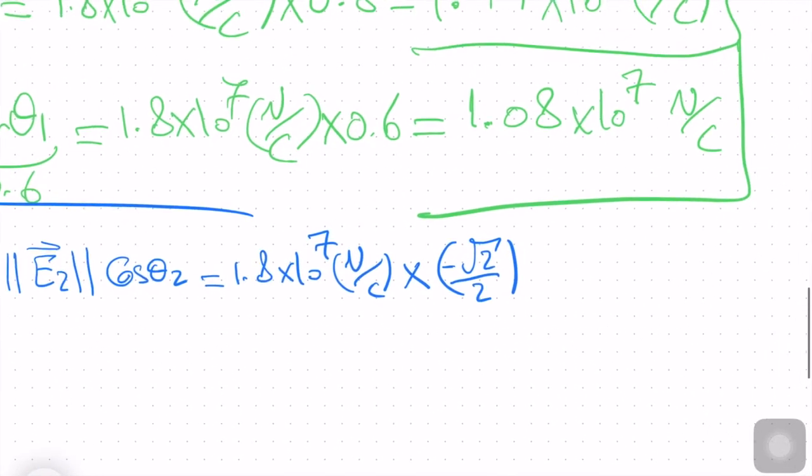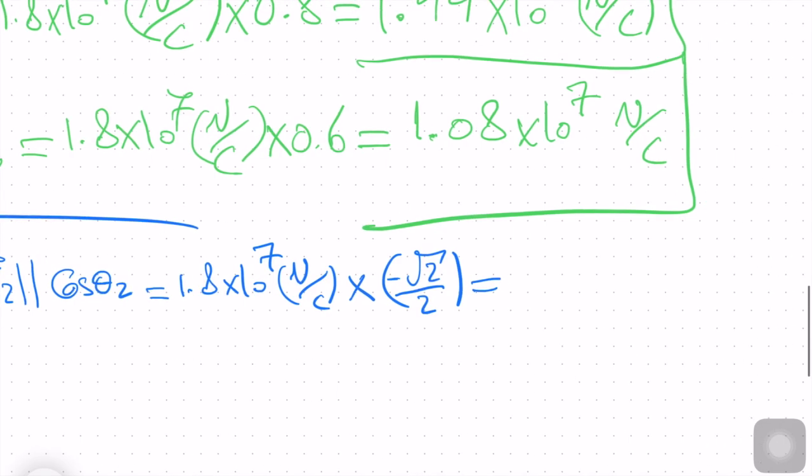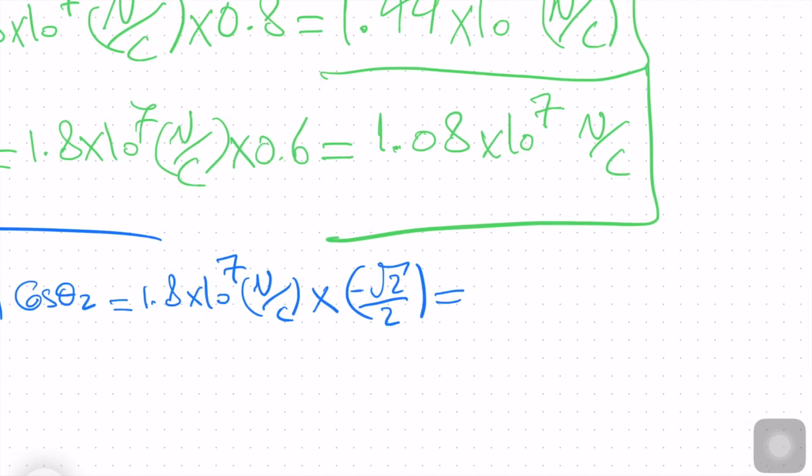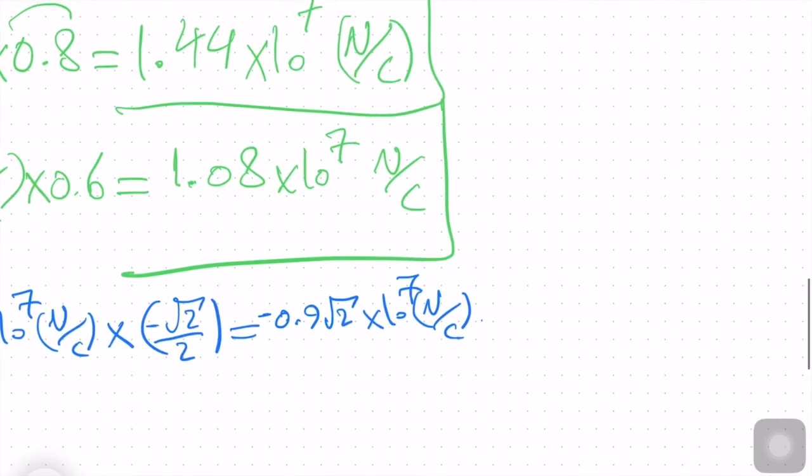That's the difference. Okay, now, what is this? If you want to write it in this form with the square root of 2, it's really 1.8 divided by 2, which is 0.9, with a minus sign, don't forget that, root 2 times 10 to the 7 Newton per Coulomb. And we can actually calculate this.